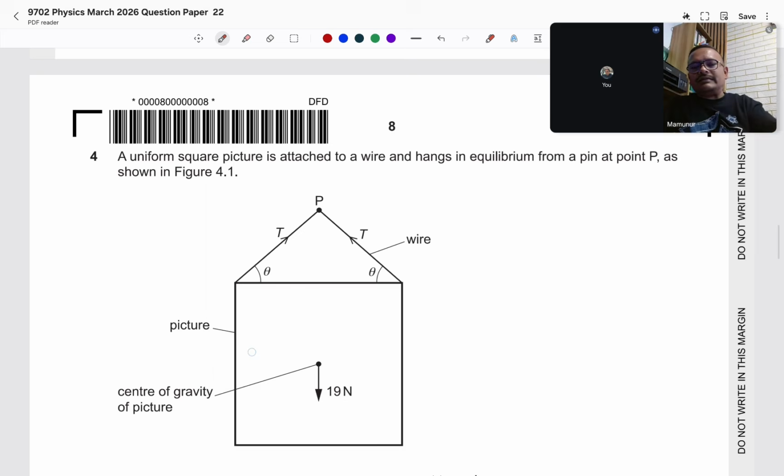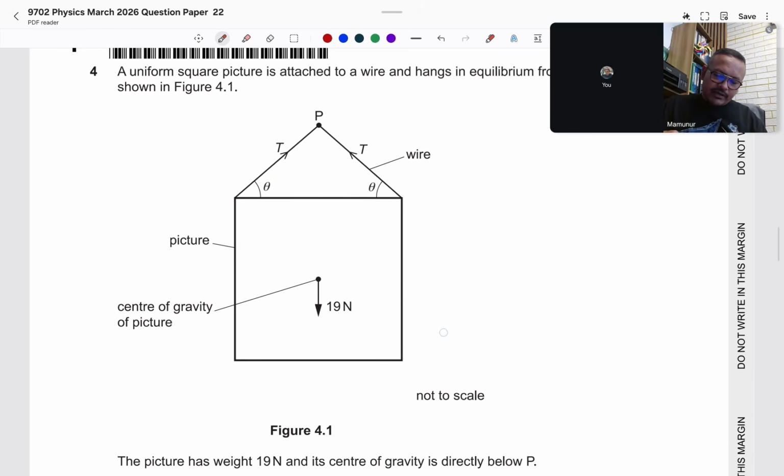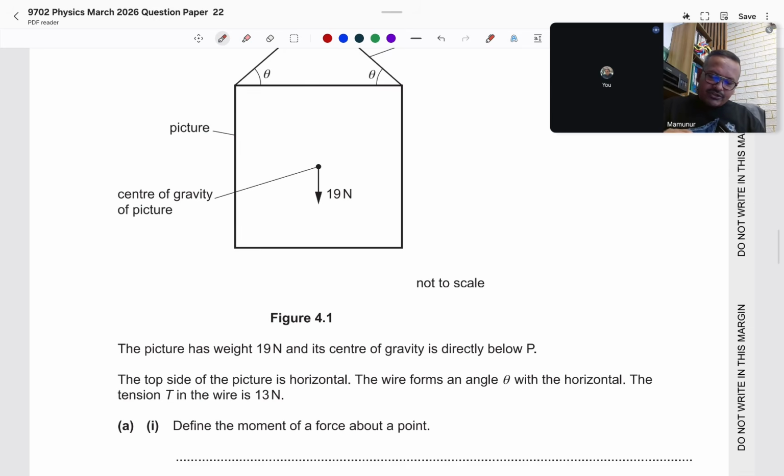It's about the next question. A uniform square picture is attached to a wire and hangs in equilibrium from a pin at point P, shown in figure 4.1. The picture has a weight of 19 Newton, acting downward.